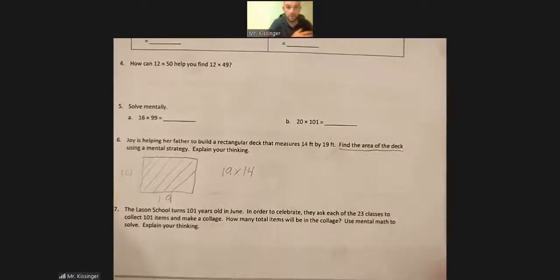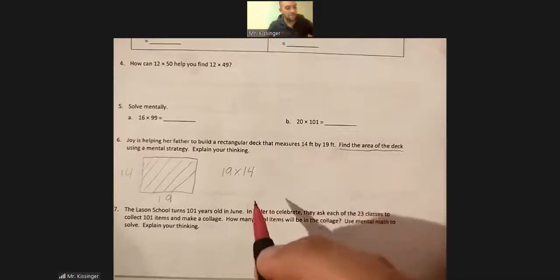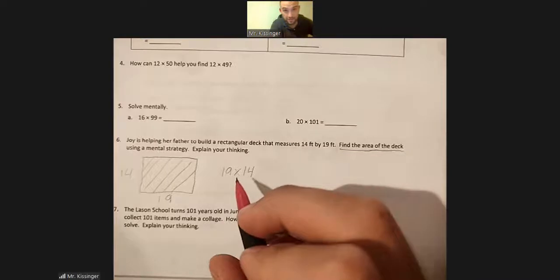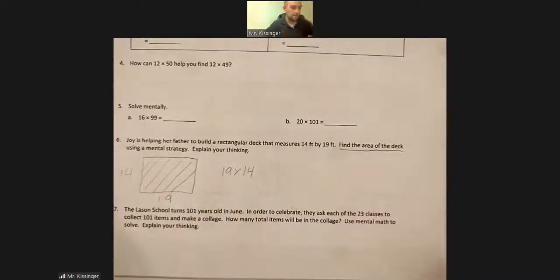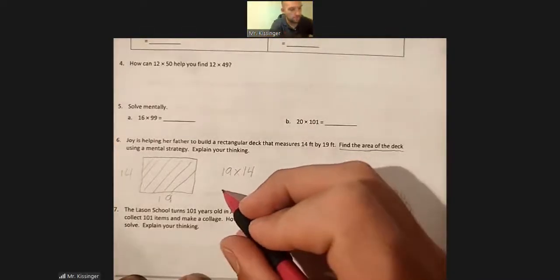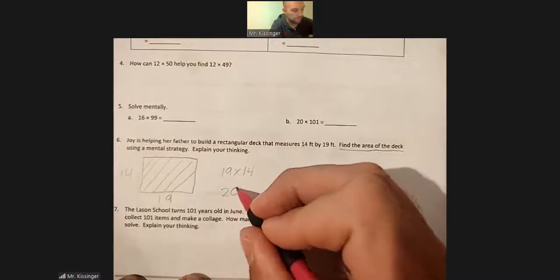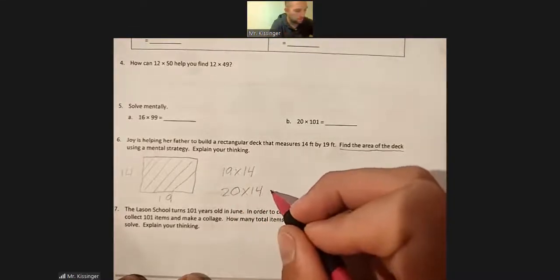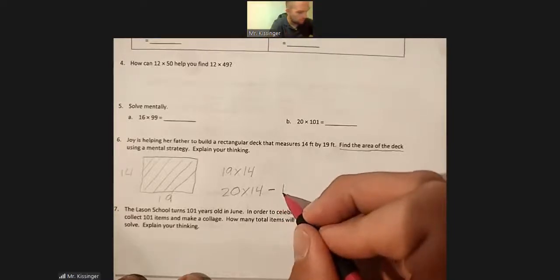Now, what would be an easy way for us to find out how much 19 14s is? Let's find a number that's close to 19 that's easy to multiply by. Well, we'll do 20. So we'll do 20 14s minus 1 14.